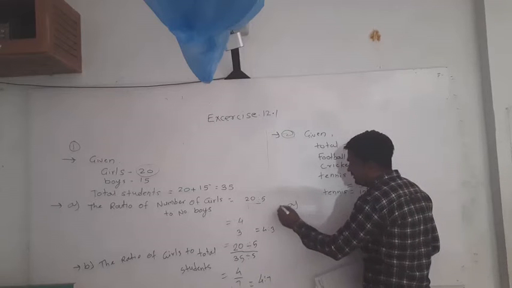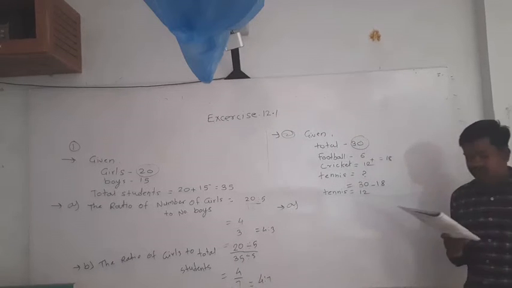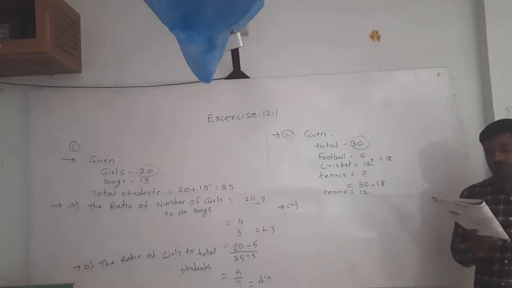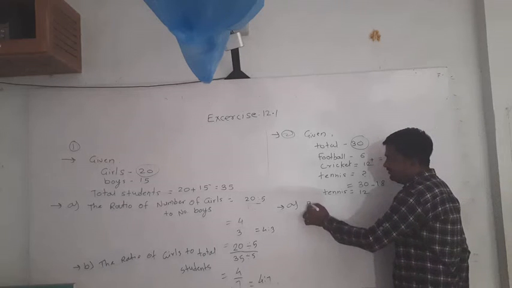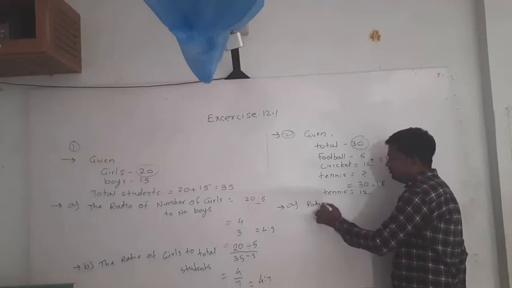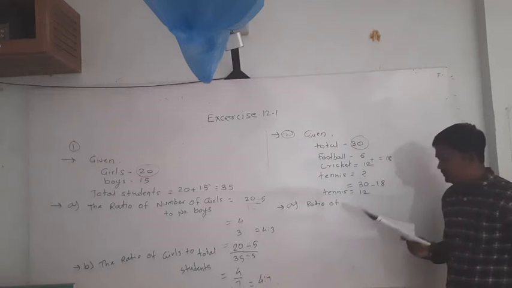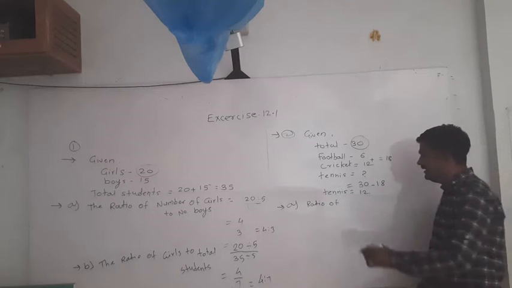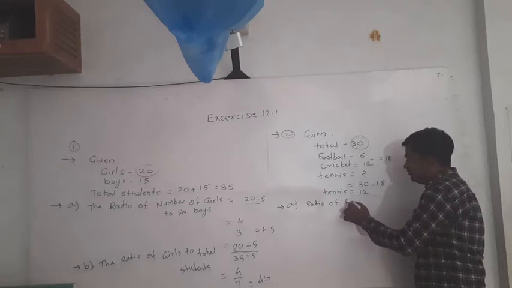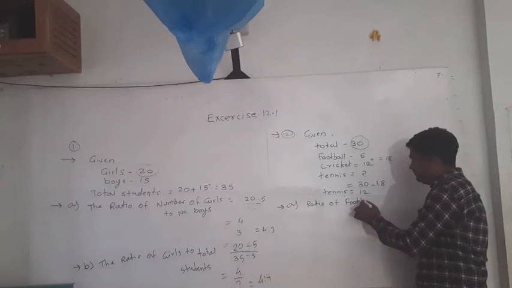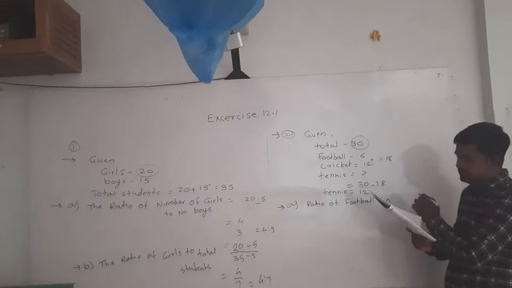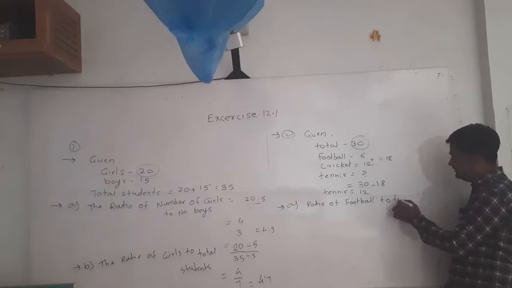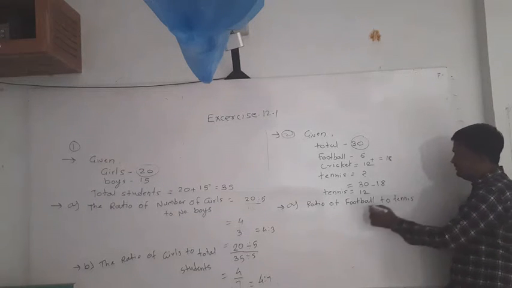First question is here. Write the answer. The number of students liking football to the number of students liking tennis. Means find the ratio of liking football to tennis. Now first which came?